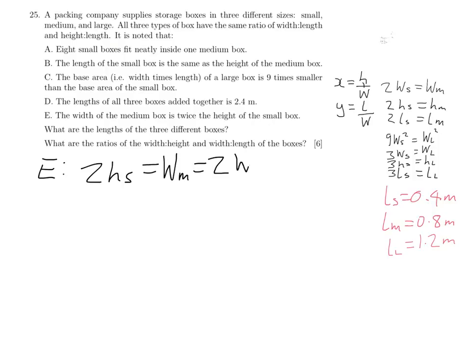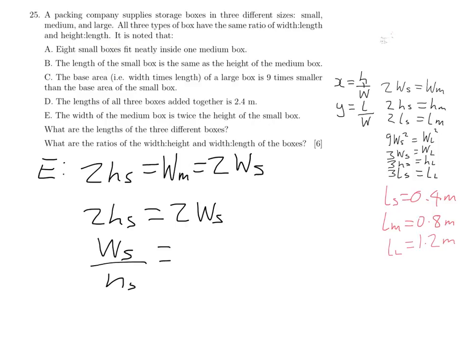So they're also twice the width of the small box. So we're looking for that width to height ratio. So we can use the width of the small box and the height of the small box there, and we find that they have got a ratio of 1. So width of the small box divided by the height of the small box is 1, and that's the same for all the boxes.